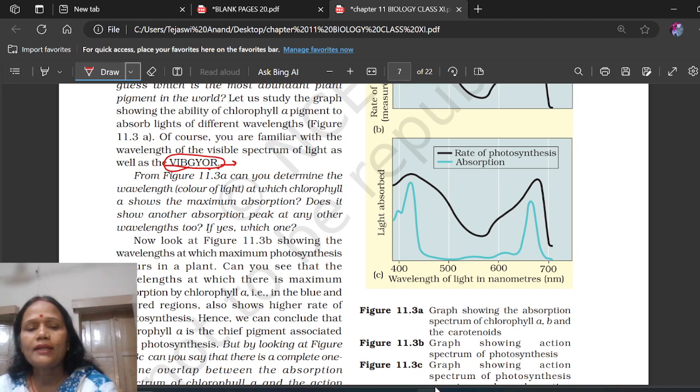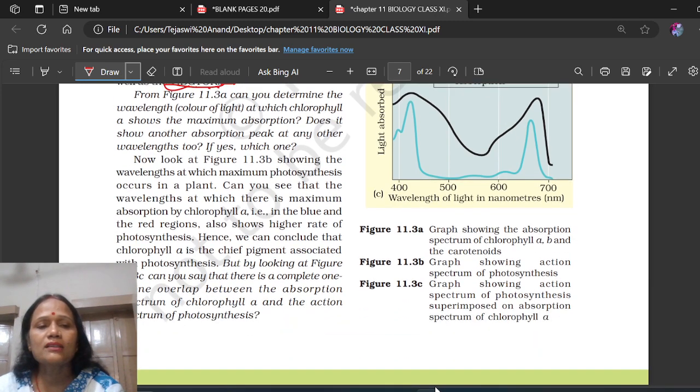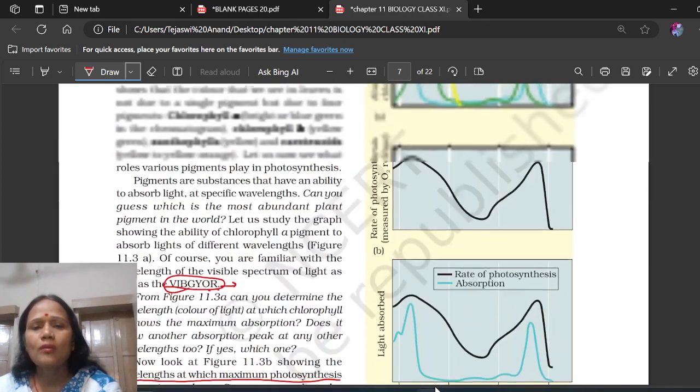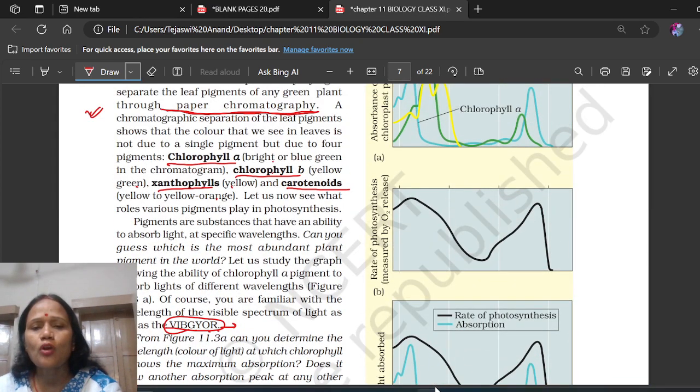Now, where is the maximum absorption of sunlight, the wavelength at which maximum photosynthesis occurs in a plant? In Figure 11.3, the diagram shows where maximum absorption occurs. Where there is maximum absorption, the release of oxygen will also be higher.